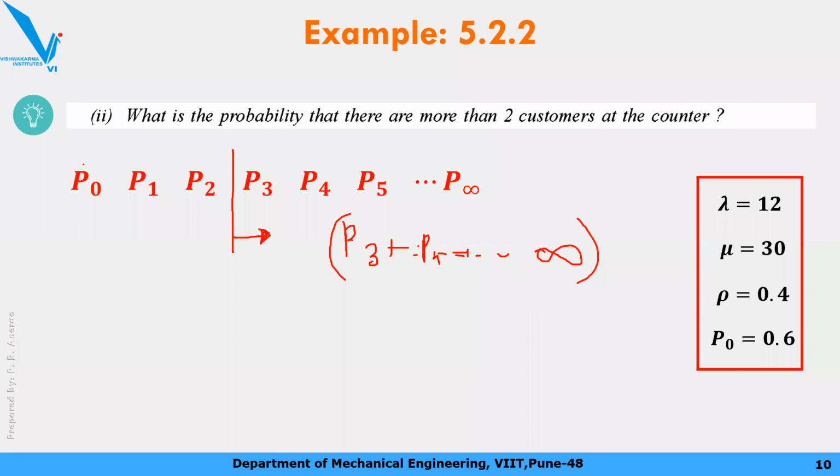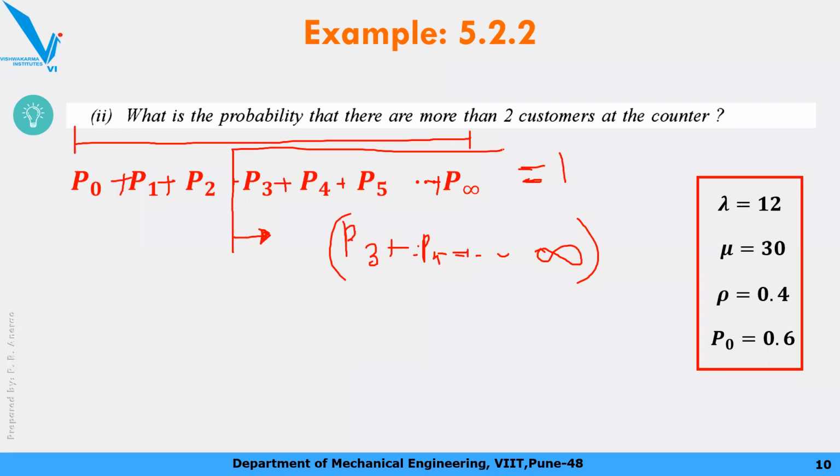But we know that the sum of all the probabilities is 1. So P0 plus P1 plus P2 plus P3 plus P4 and so on, the sum of all the probabilities is 1. Our aim is to calculate this probability, but it is difficult.